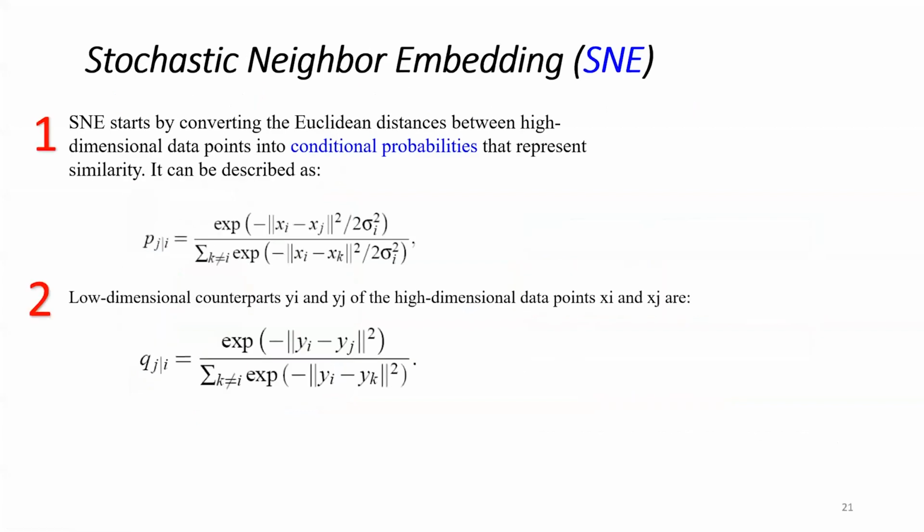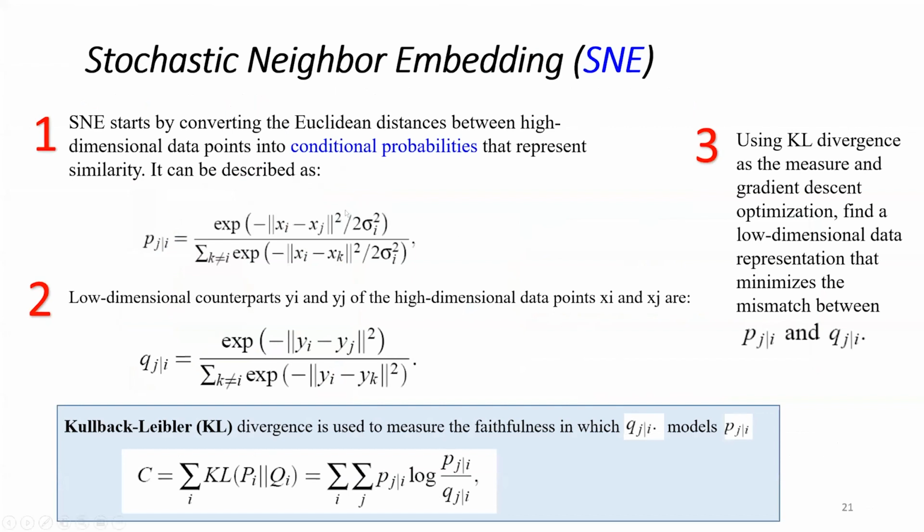t-SNE, one of the major pieces of software, uses stochastic neighbor embedding. Essentially, it first looks at multidimensional conditional probabilities between points, and also comes up with a lower dimensional counterpart, defines the distance between them, and uses optimization techniques to minimize the mismatch between the multi-dimensional projection and the lower dimensional one.